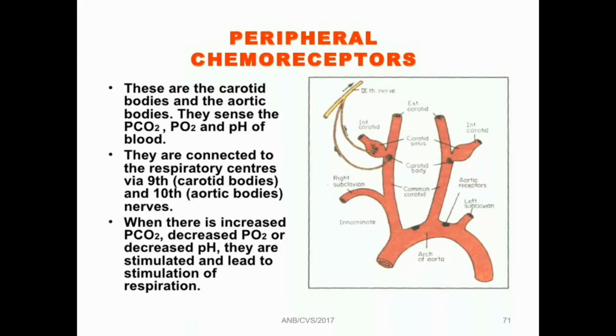They help to regulate respiration, and they also play some part in the cardiovascular system. Especially the peripheral chemoreceptors are more sensitive to oxygen concentration. The lower the oxygen concentration, the more their stimulation, hence a decreased PO2, that is hypoxemia.